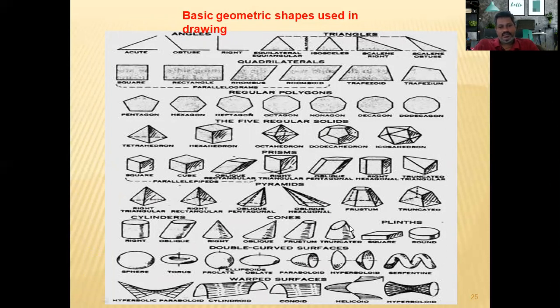Truncated means the section plane is not parallel to the base of the cone or pyramid. So in the frustum of a cone or pyramid, the section plane and base are parallel, whereas in the truncated one, the section plane is not parallel to the base. These are the different shapes we come across in engineering drawing. We will see them in detail in future.